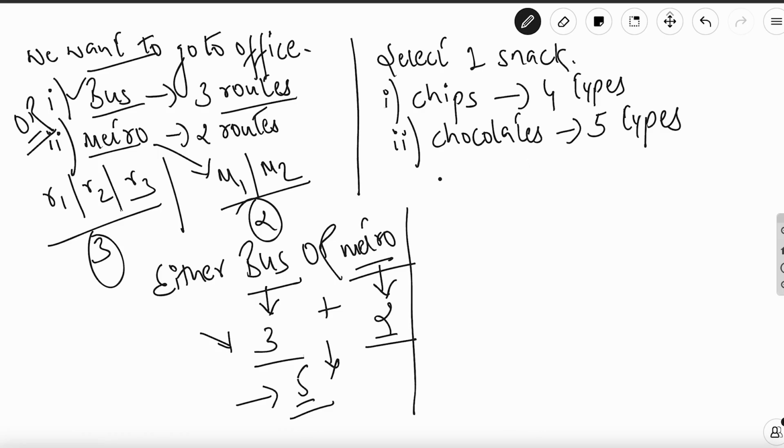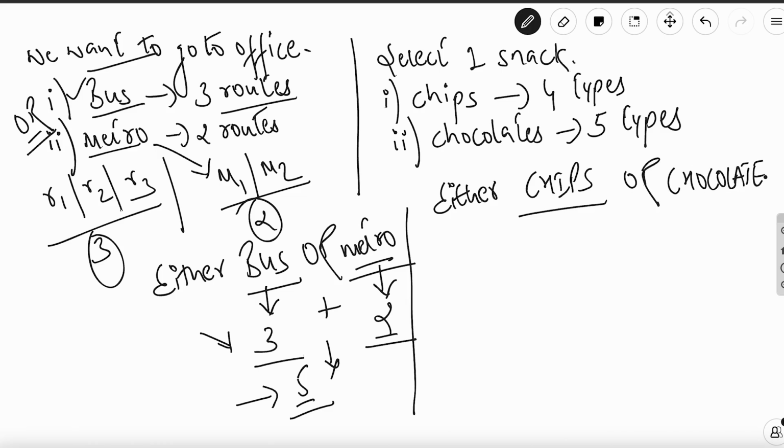Similarly, in this second case, we have to select one snack. That one snack could either be a chip or a chocolate. If we are selecting chips, we have four choices here, let's say CH1, CH2, CH3 and CH4.